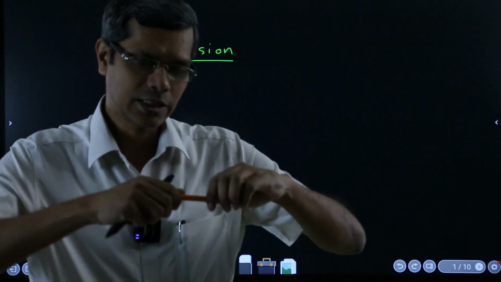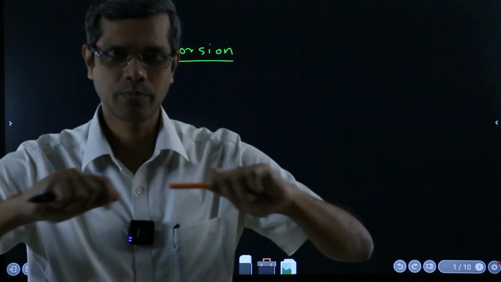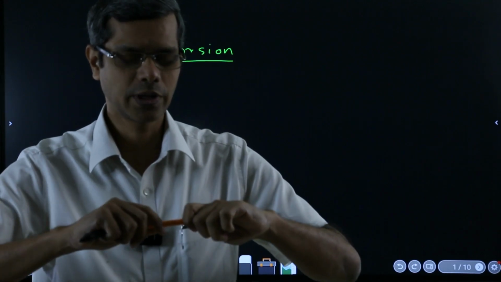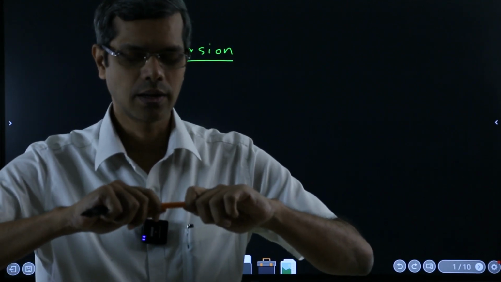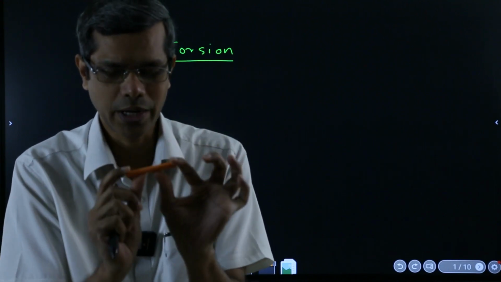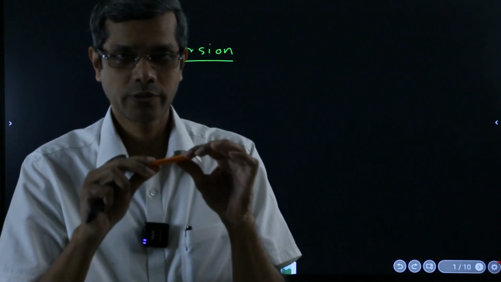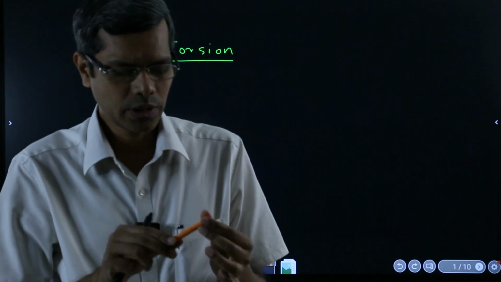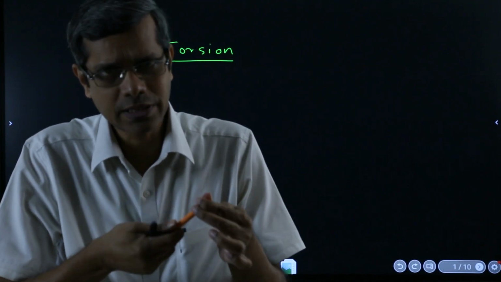So see, this is pulling. If I pull them apart, it's pulling, which we have already discussed in the axial loading case. One is bending. If I try to bend it, but I am not even doing that. What I am doing is I am twisting it.